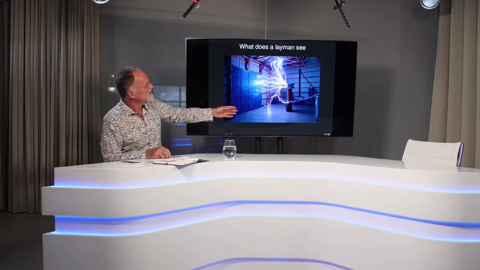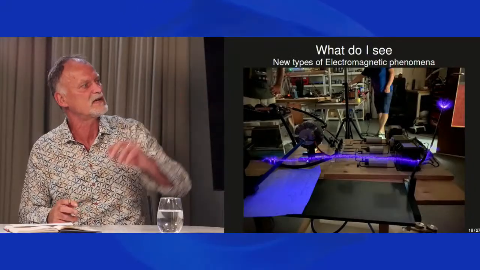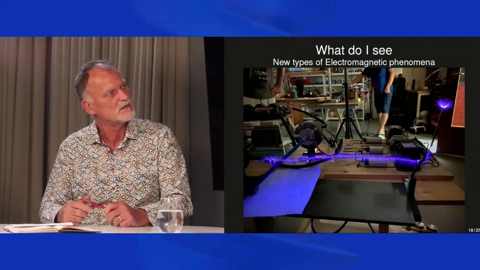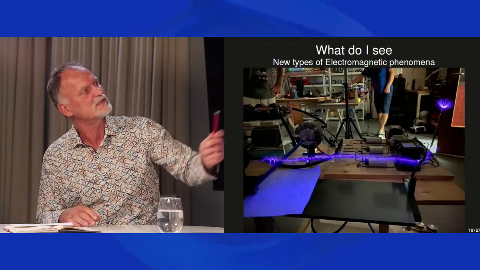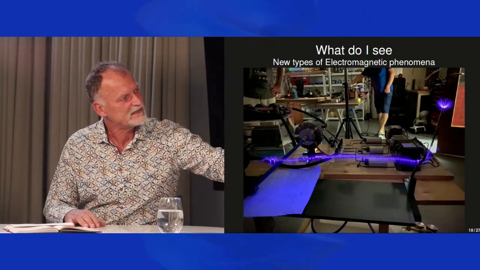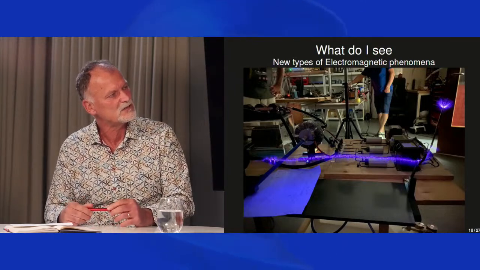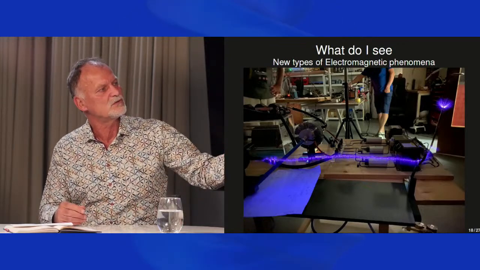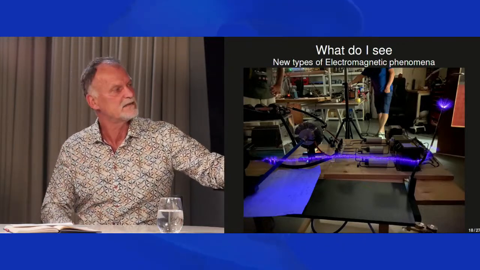If we go to the next slide, I then realized that there are actually a lot of things you can see. What I see is a new type of electromagnetic phenomena. This is a snapshot from one of the experiments. You see my colleague Jakub Malina, that's me, and so on, when we took a picture of the magnifying transformer tuned to roughly 1.9 megahertz.